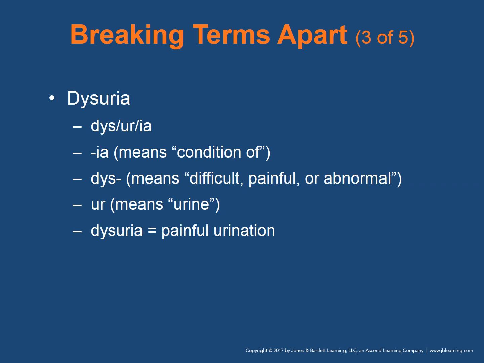So let's go on to another one, right? Dysuria. Ia means condition of, dys means difficult, painful, or abnormal, depending on what context it's in. And then ur means urine. So dysuria, painful urination, right?